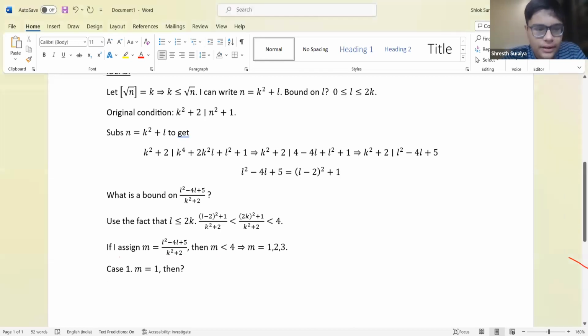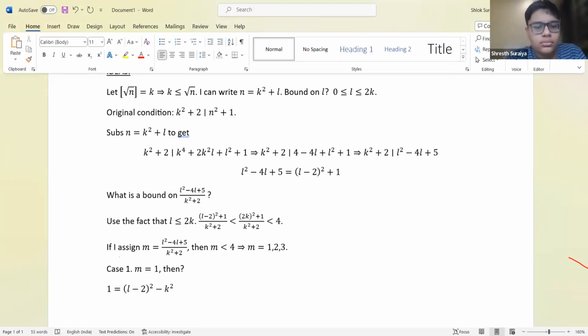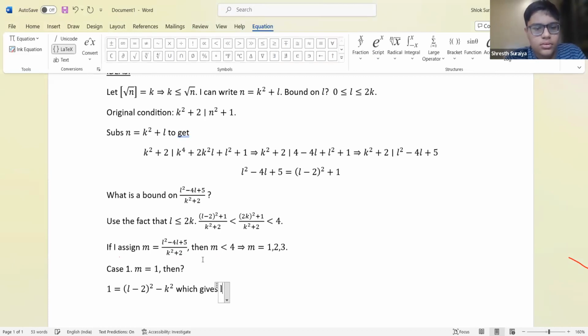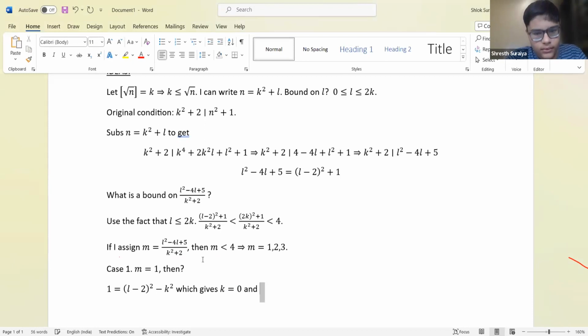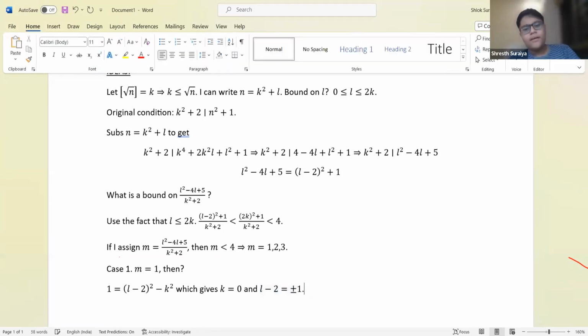Very good. So we have 1 equal to (l minus 2) whole squared minus k squared, which gives k equal to 0 and l minus 2 equal to plus minus 1.